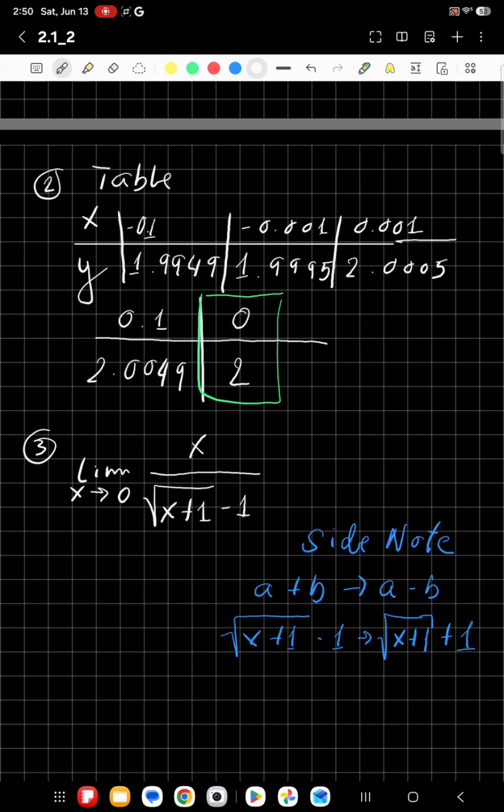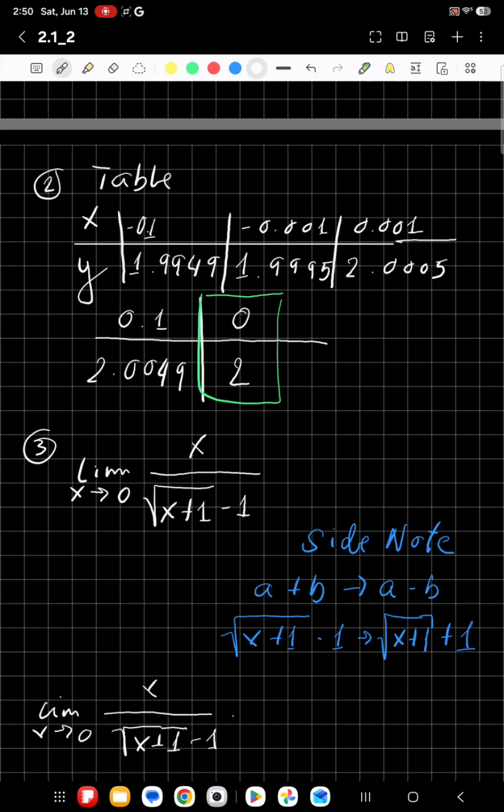Okay, so we have a limit, with x approaching, sorry, not infinity, x approaches 0. And then we have the expression x over the square root of x plus 1, and then minus 1, and that 1 is under the square root.